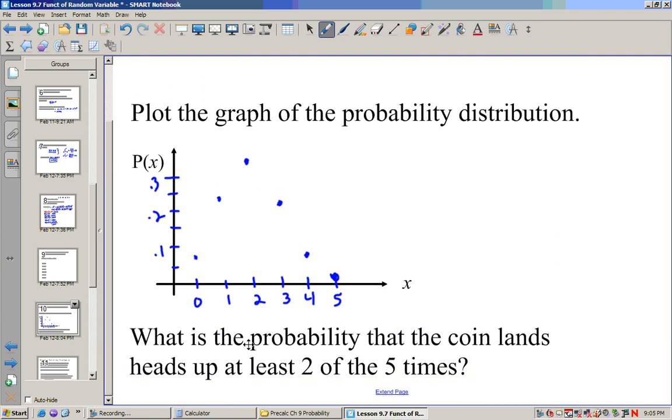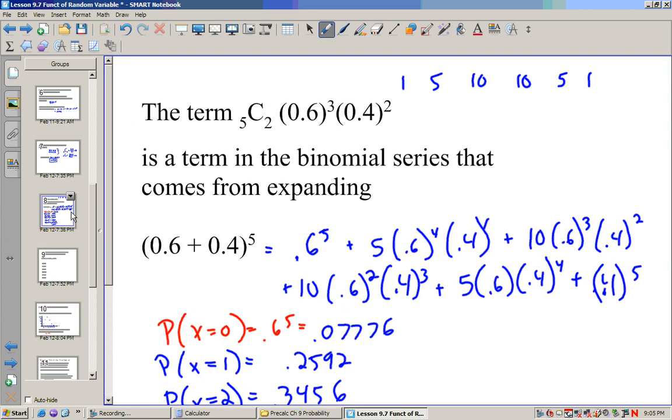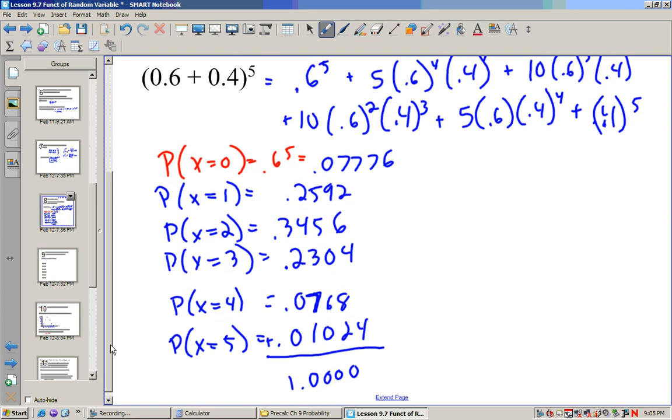So what is the probability that a coin lands heads up at least 2 out of 5 times? So let's look at the word at least. At least means 2 or more. So if we look at this, we just have to add up the 2, 3, 4, and 5.